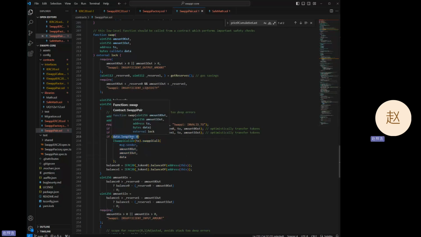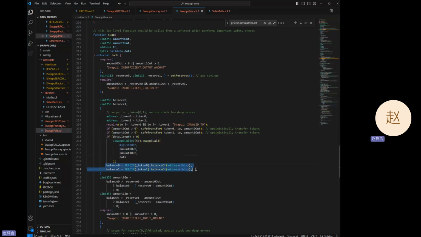If you need it, you provide the data, and if you don't need it, just leave it empty. So you can perform some operations when you provide some data. And here it only cares whether the call succeeded or failed. If it's reverted, it just stops.